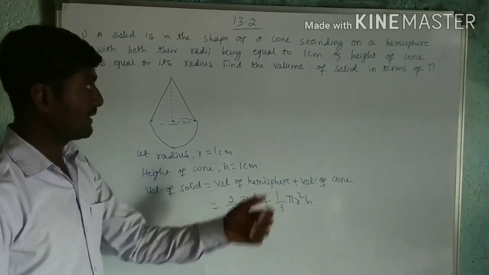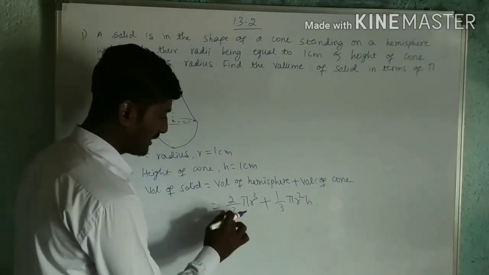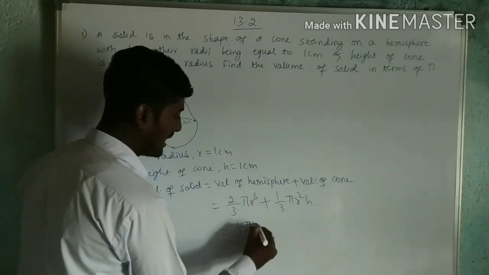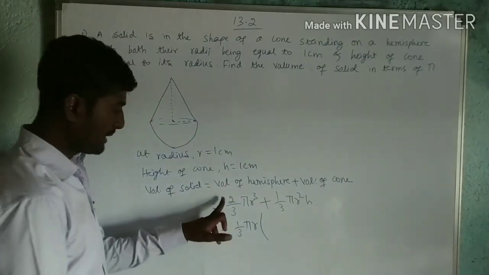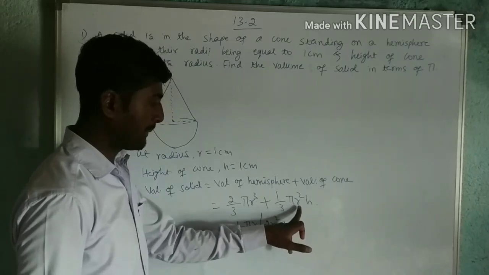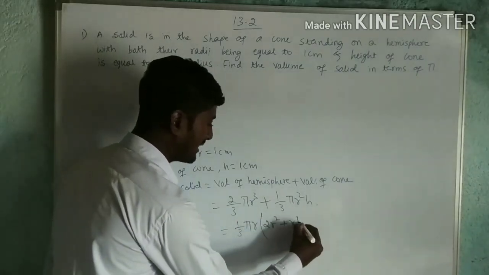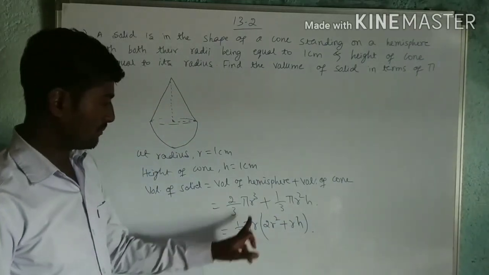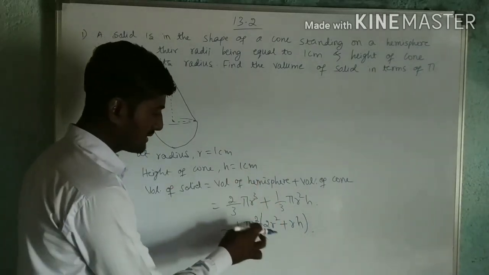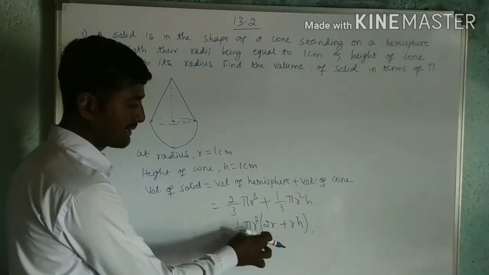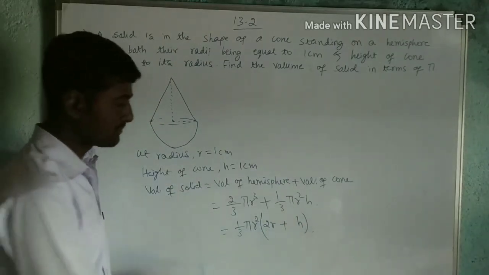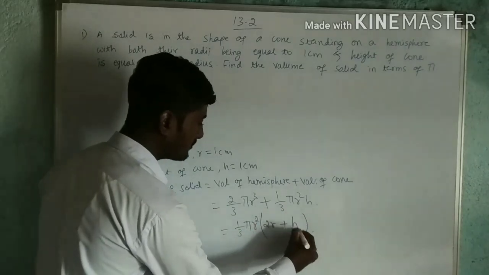Now let us take common 1 by 3 pi and r square. The remaining is 2r plus h inside.